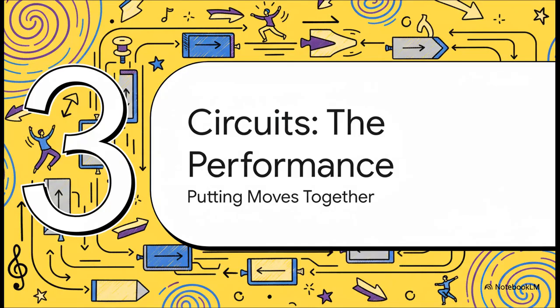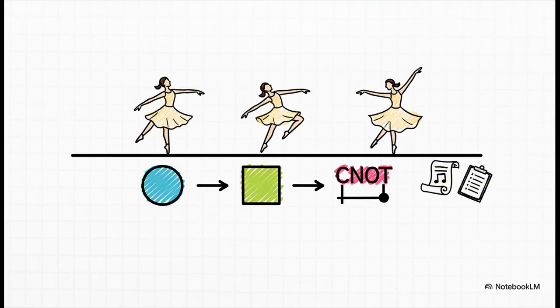So, we have our individual dance moves, the Hadamard Gate for superposition, the CNOT gate for entanglement. But a real dance isn't just one move, right? It's a full performance. And that's where quantum circuits come into the picture. So, a quantum circuit, just think of it like a piece of sheet music for a symphony or a choreographer's master plan.